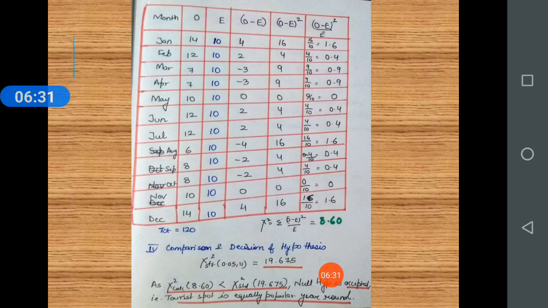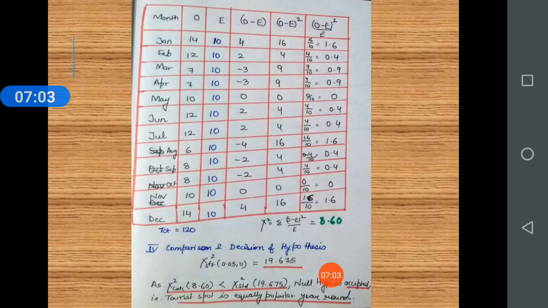One is the level of significance, which was taken as 0.05, and the other the degree of freedom, which was taken as 11. For chi-square, for alpha equal to 0.05 and nu equal to 11, the chi-square standard value is equal to 19.675.